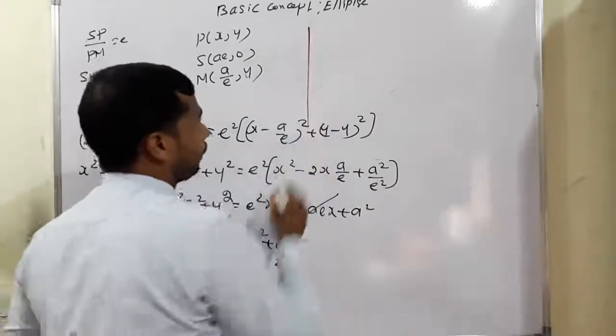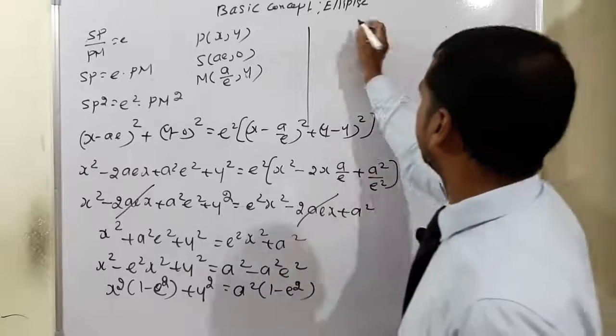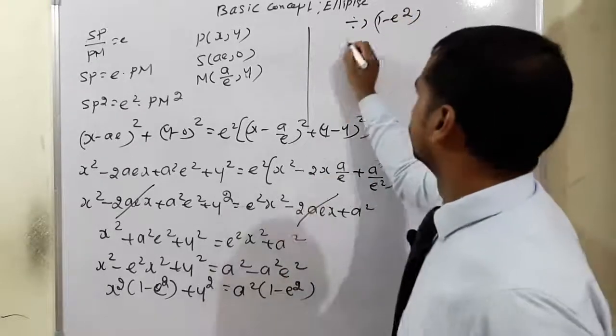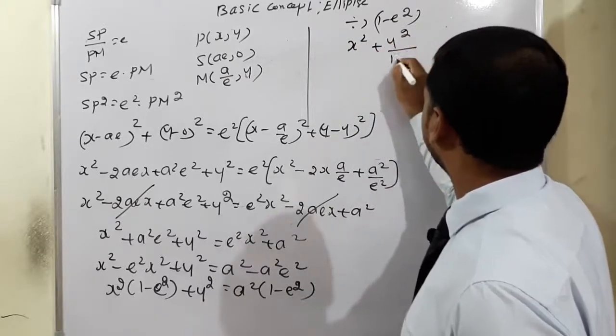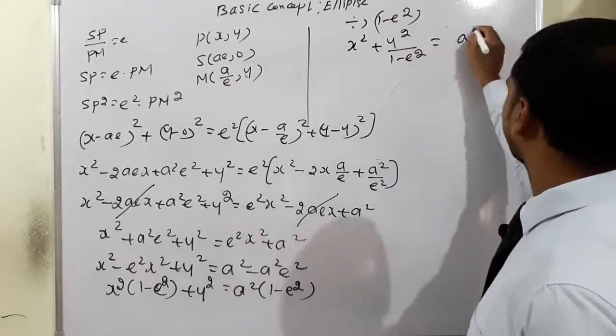Now divide each term by 1 minus E square. Then x square plus y square divided by 1 minus E square is equal to, on the opposite side, only A square.